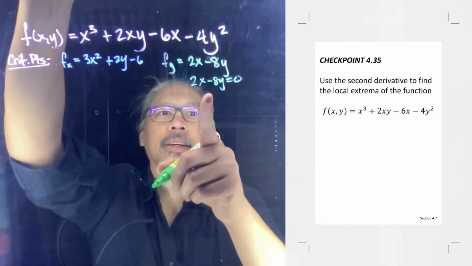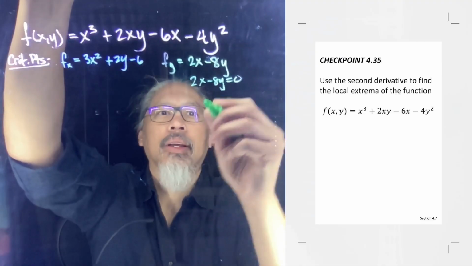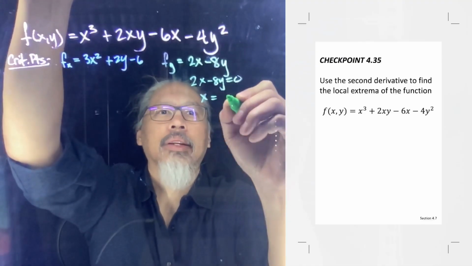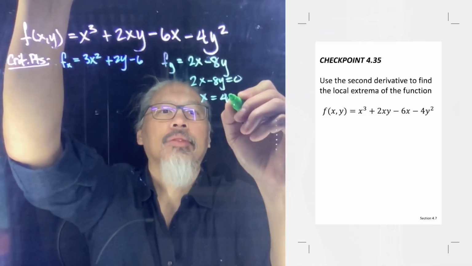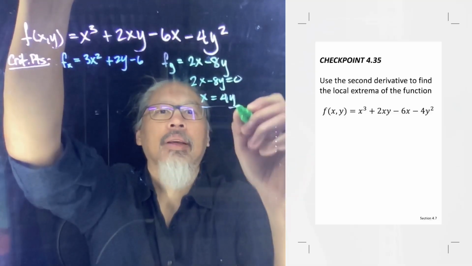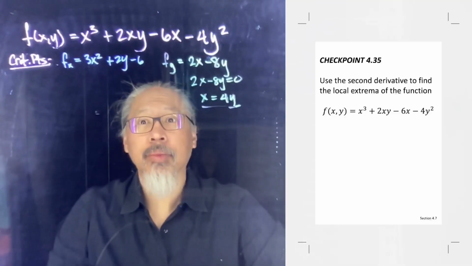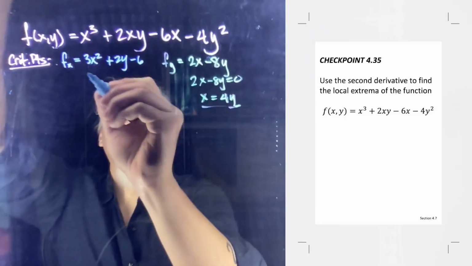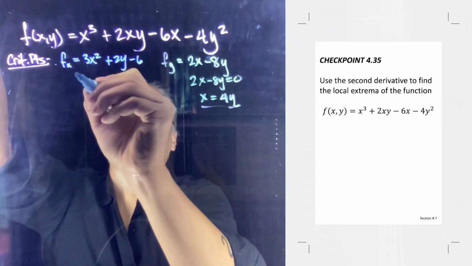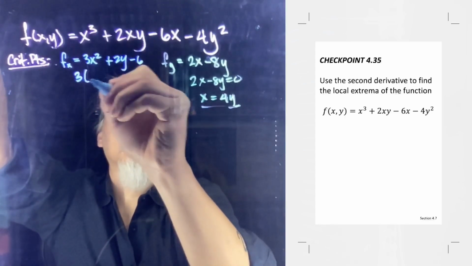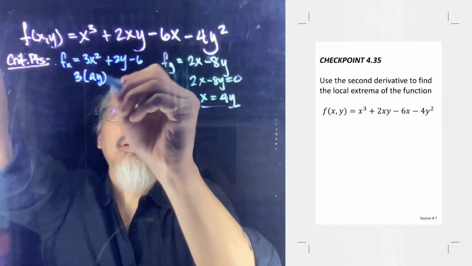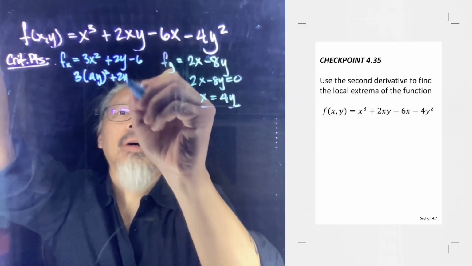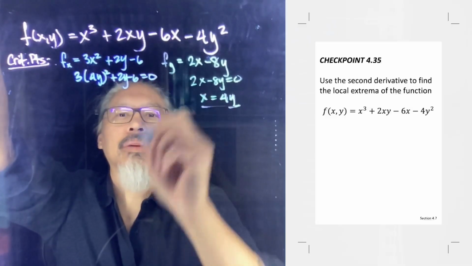If you solve for x, you're going to get a positive 4y. We'll use that and put it into this equation. We will get 3 times the quantity 4y squared plus 2y minus 6 equal to 0.